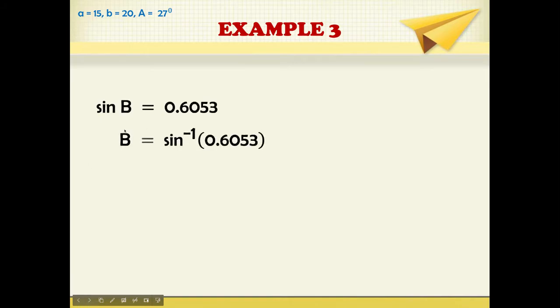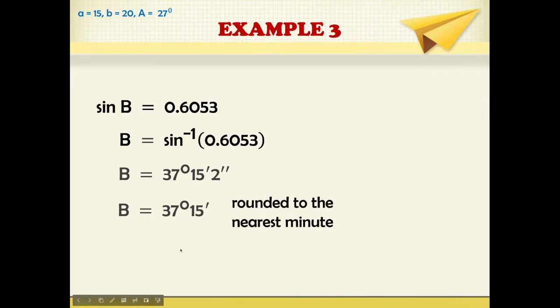So, since sine B equals 0.6053, angle B will be equal to sine inverse 0.6053, which is 37 degrees, 15 minutes, and 2 seconds. Now, rounded to the nearest minute, this will be 37 degrees and 15 minutes.